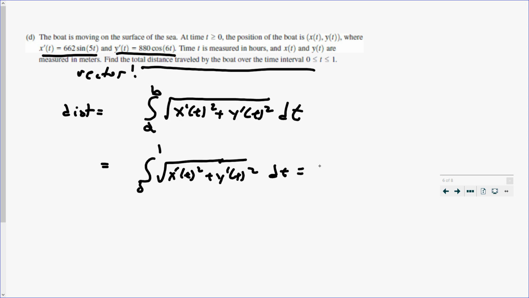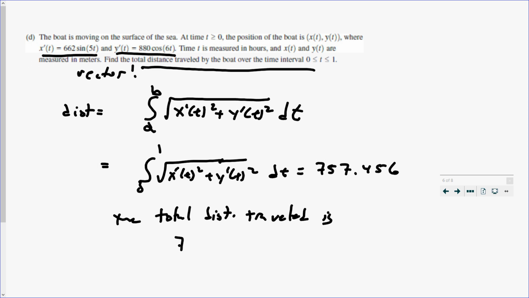This is a calculus question, and you get 757.456. So we would say that the total distance traveled, use your units, is 757.456 meters. 1 point for your integral, 1 point for your answer.